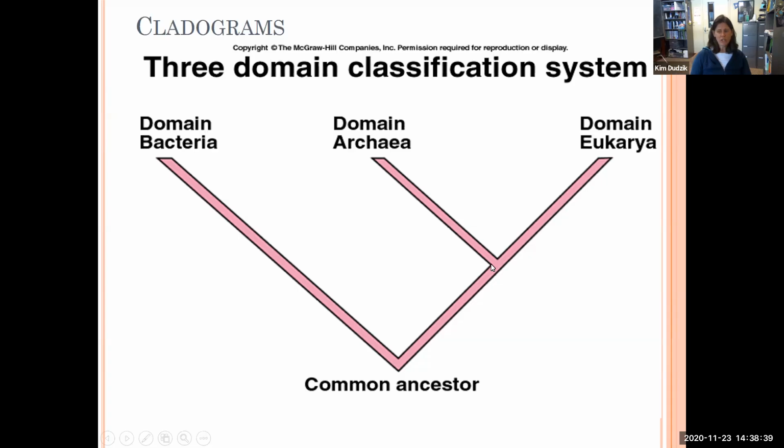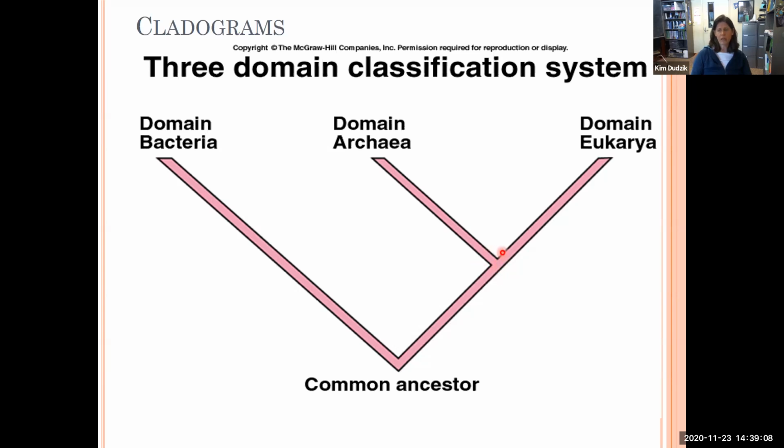Each branching point is called a node. Let me put my laser on. So here you go. This is called a node, and it represents the divergence of 2 or more groups from a more recent common ancestor. All along the way there may be different organisms in the line of descent of both eukarya and archaea, but there was a common ancestor that diverged.